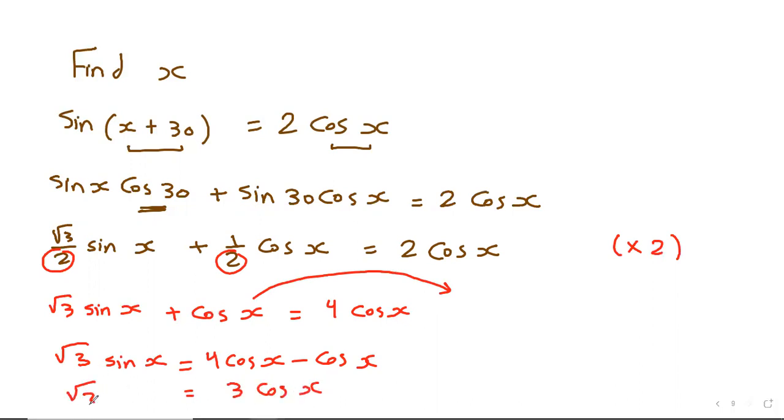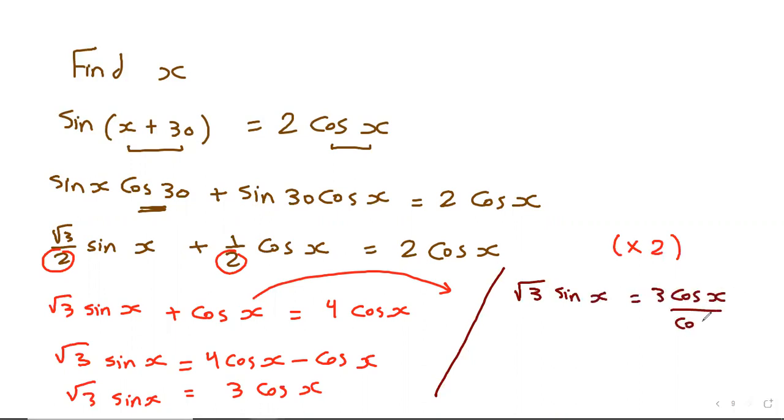And here we have root 3 sine x. I want to get x, so we can get x if we divide the two sides. The left-hand side is root 3 sine x equals 3 cosine x.